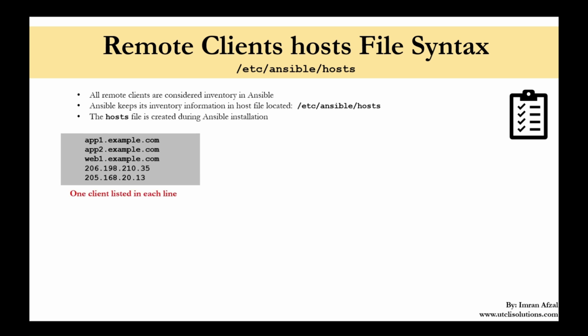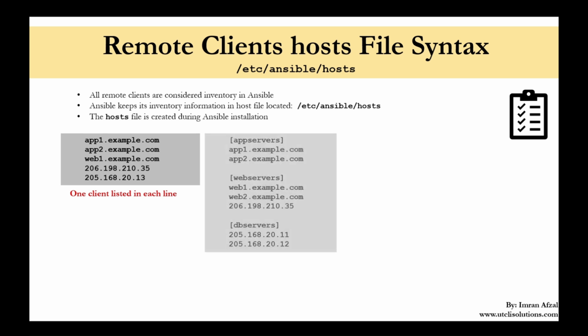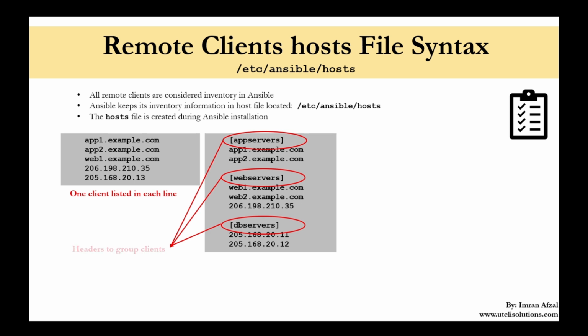One client listed in each line. You cannot list two or three clients all on the same line. Then another example of listing clients is by grouping them. You see app servers, if you wanted to separate application servers, if you want to separate web servers, or if you want to separate the database servers.